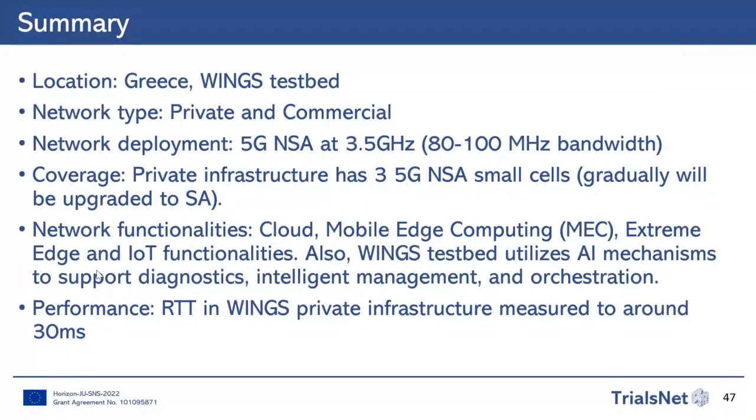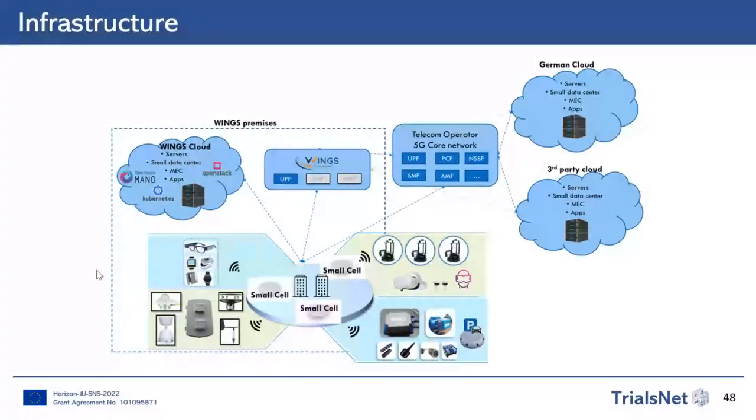So in the next slide, we see the main infrastructure that, as we said, is available also in the Wings premises, which has to do with, within the center circle, the three small cells as well as various end user devices that can be connected.